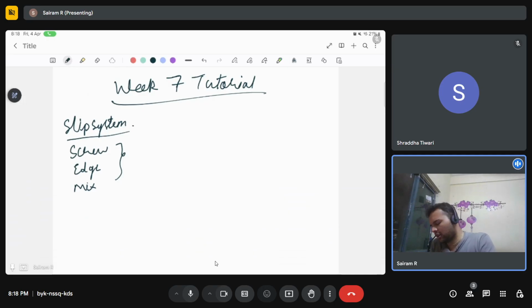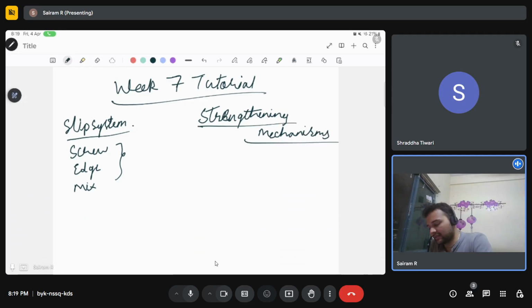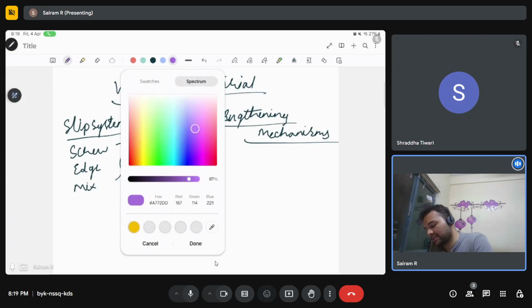And finally, we concluded all of this to say, how do all these things help in strain hardening or strengthening mechanisms, right? So we saw that we can classify our strengthening mechanisms into four major categories.